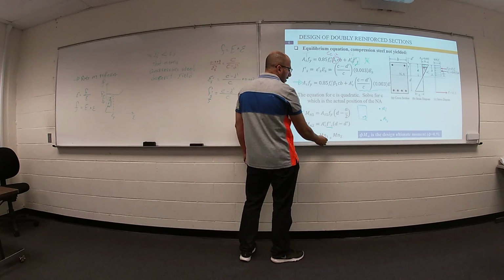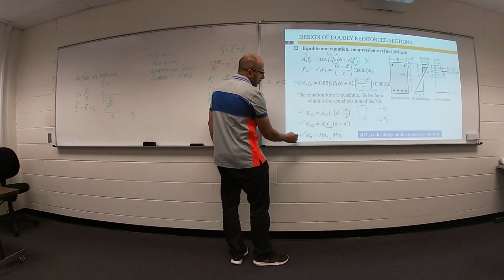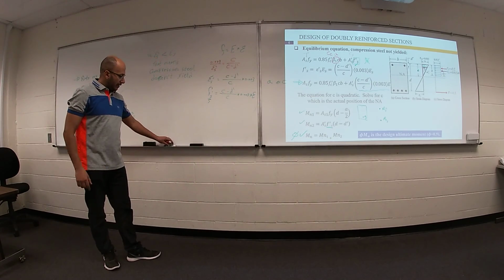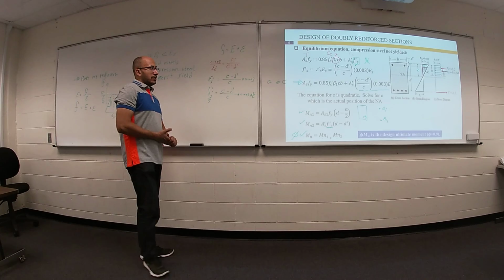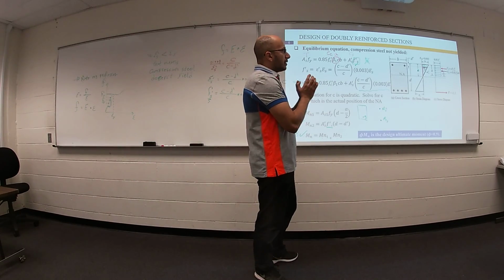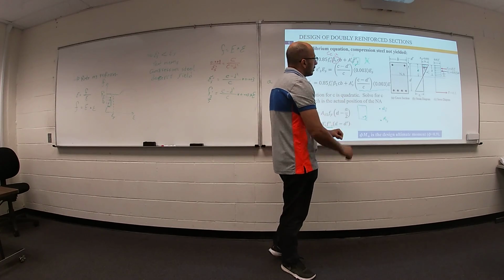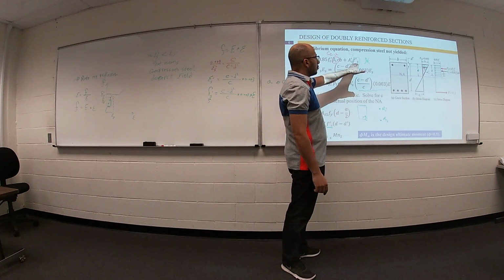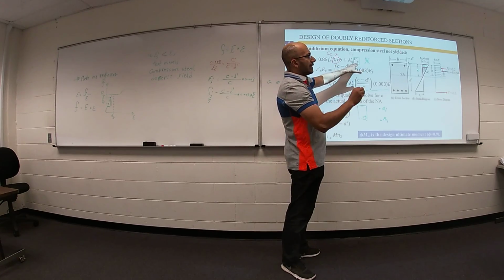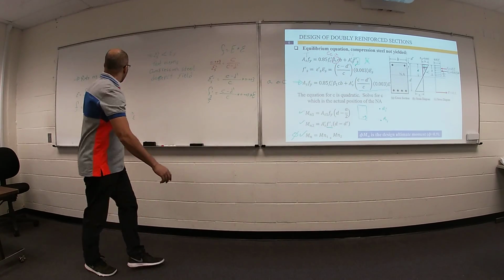Then add them together, you can get your final moment. Add phi, you can get your design moment. So everything is the same as the previous one, but the only change is we cannot assume your stress in compression steel equals f yield, but f steel, something here.